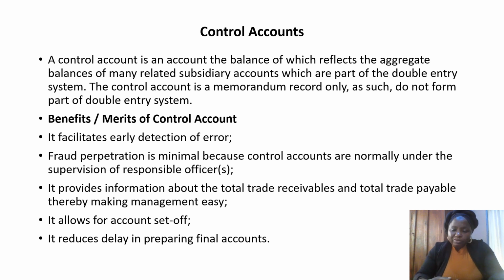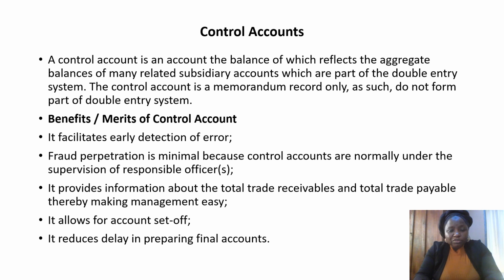I want to believe in the first semester you have been introduced to the double entry principle as advocated by that Italian monk Luca Pacioli, who stated that for every debit entry there should be a corresponding credit entry, meaning that an item in financial statement should have two legs. You have the debit, you have the credit.